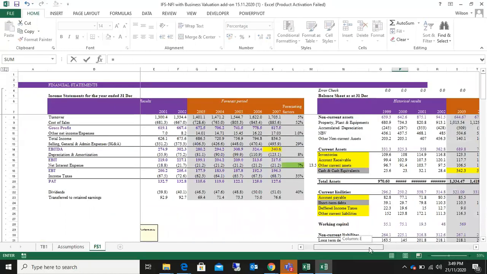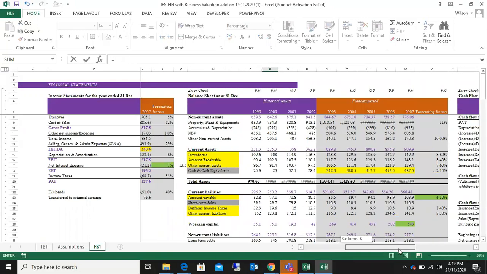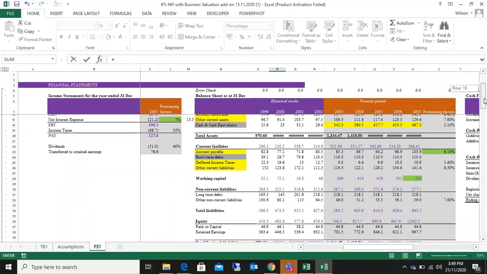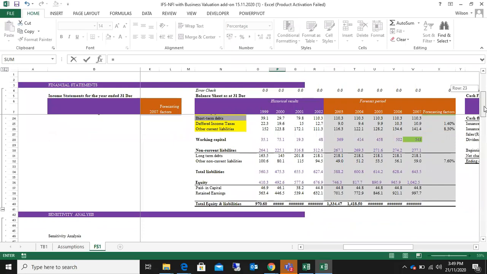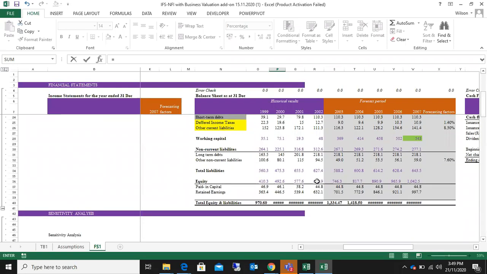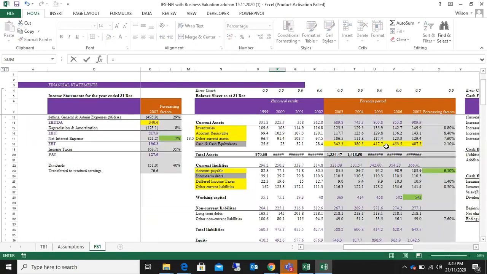So you can pick the immediate historical year for equity value. Immediate historical year for equity value is 676.9. Immediate historical year for debt value, which is going to be the short-term debt plus the long-term debt, right?